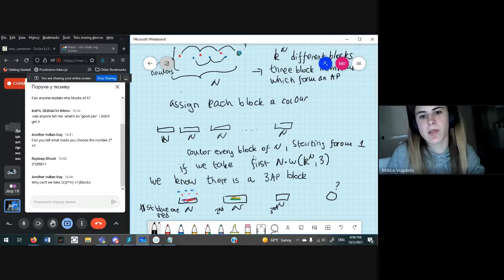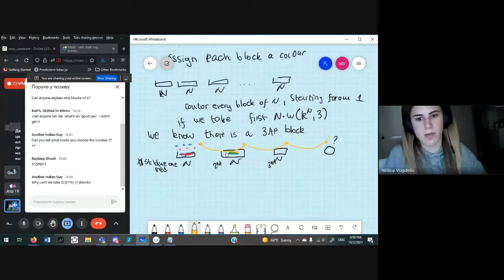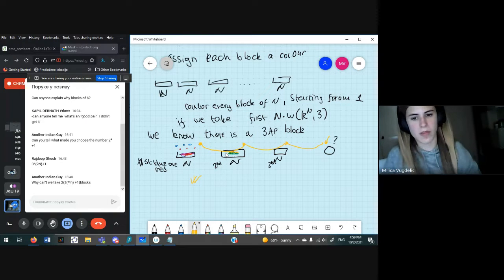The only thing that makes us do induction here is the almost good pair argument, which is actually kind of nice because we would always have this remaining thingy. Yellow one is the remaining one, which makes our pairs almost good, and then we would just go with this to add additional color, and then with that we have proved the theorem.